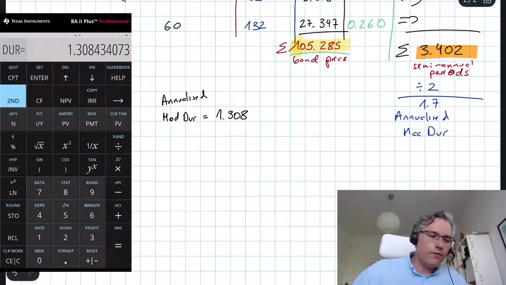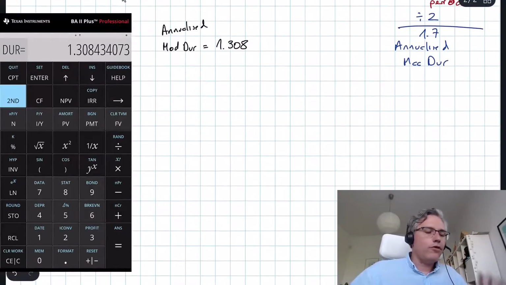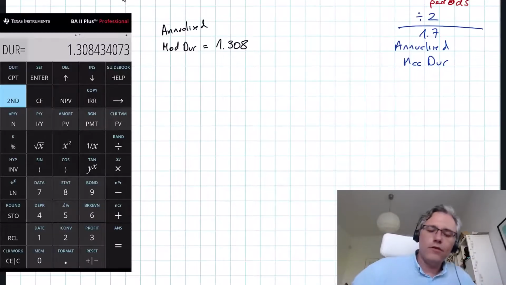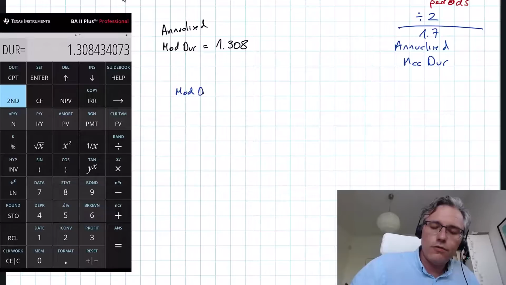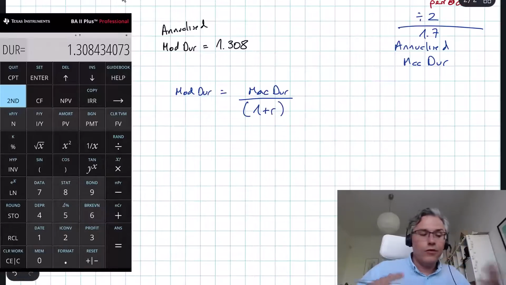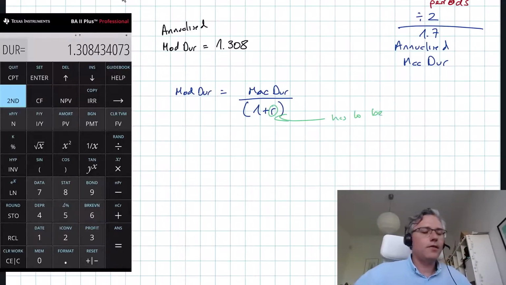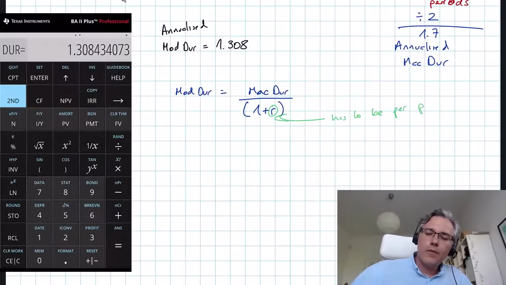Now, I told you before how to convert between Macaulay and modified. Modified duration is always equal to Mac duration divided by 1 plus R. But I also mentioned that the R has to be always expressed on a per period basis.